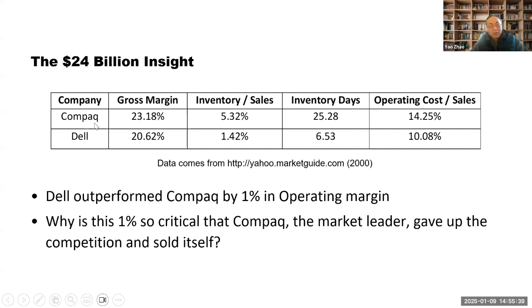Either Compaq has a better deal from suppliers, so they get lower cost of goods sold, or they price higher. But we just said they have the same production technology and same suppliers. So the different gross margin really means Compaq actually sold its product at a higher price, and with a higher price, they made less money because of their operational inefficiency.